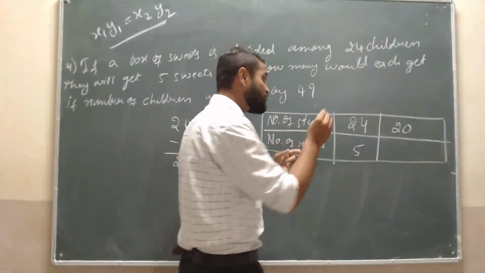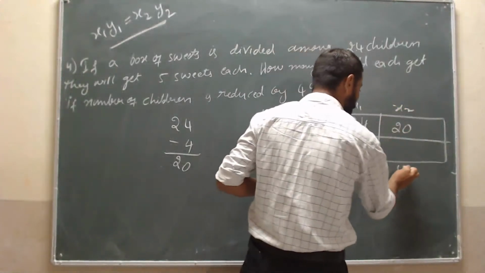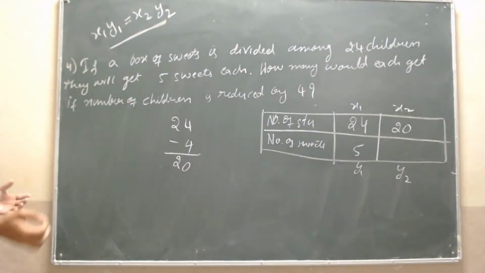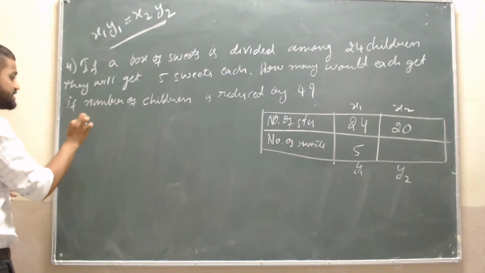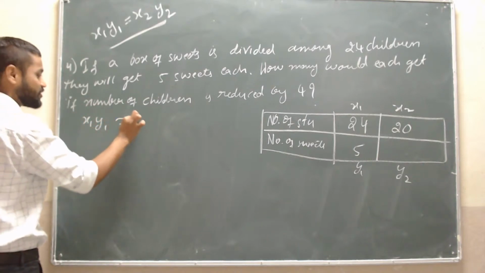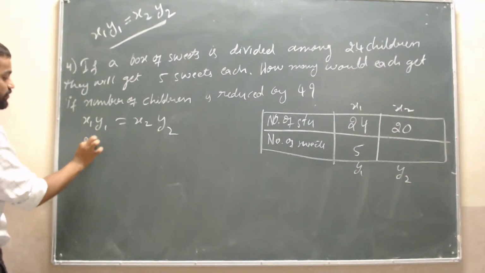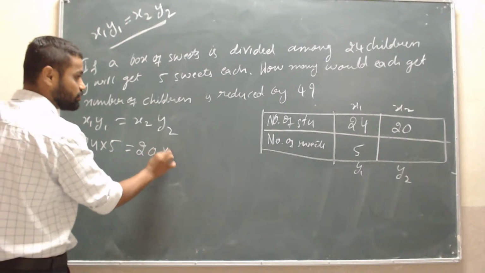Okay. Then what do we have to find out, students, here? X1, X2, Y1, Y2. Y2 we must find out. The formula is X1 Y1 is equal to X2 Y2, students. X1 is 24 into 5 is equal to 20 into Y2.